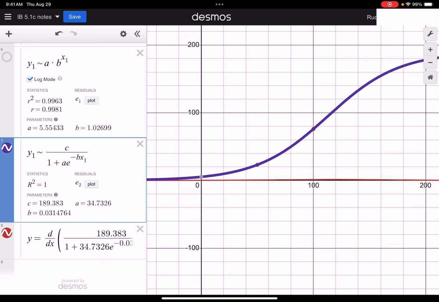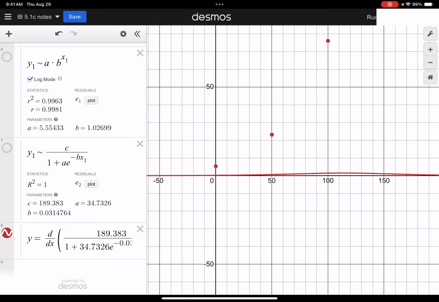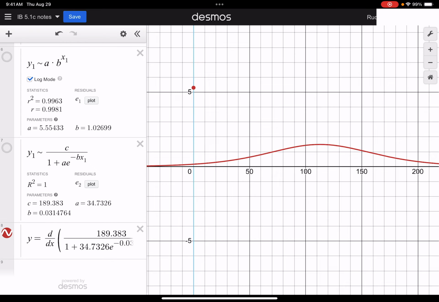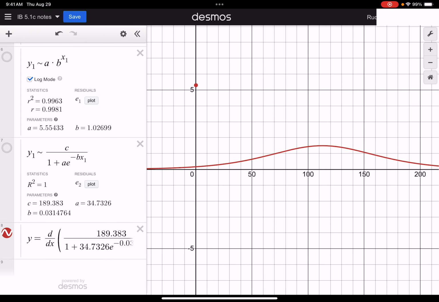Now notice this time, it looks almost like a horizontal line. It's not, and that's because the scale of my y is right now set up for the population of the country, which I want to think of in its rate of change. And so I'm going to turn off my old one and adjust my y scale. And this is a much more useful graph to look at. This is showing me the derivative of the population of the United States based on the logistic model.